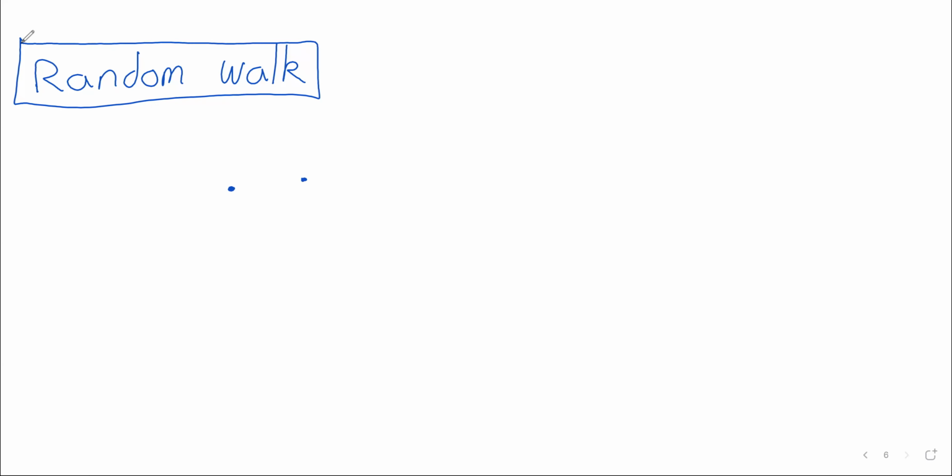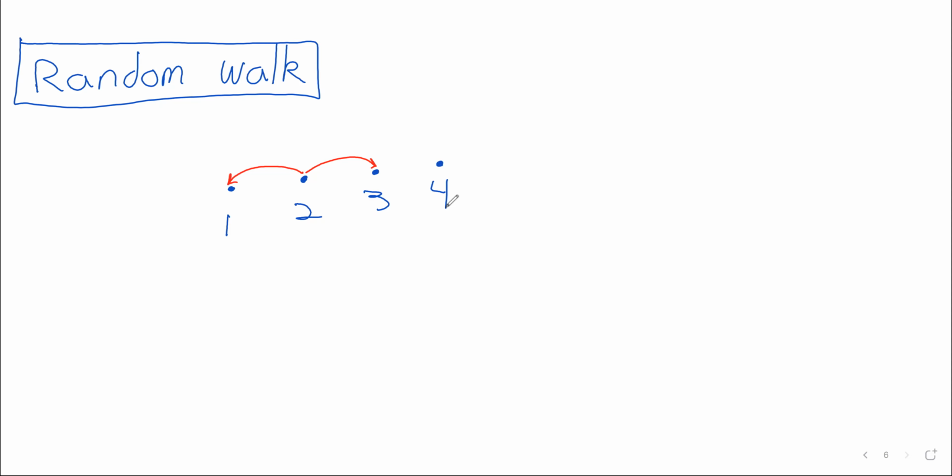We have some states. State 1, state 2, state 3, and state 4. And these states, we can think of them as physical locations, like buildings on a block, and somebody is physically then walking up and down the street. So from state 2, we can go to state 3 or state 1.